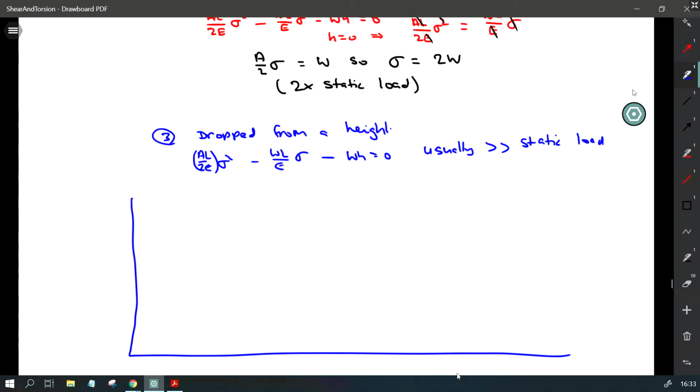So we'll just draw a graph there, maybe. We'll call that the stress, and we'll call that time. The static case would be, no, I won't go that far up.